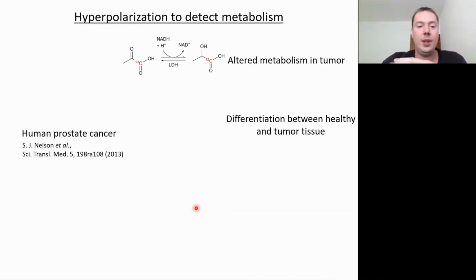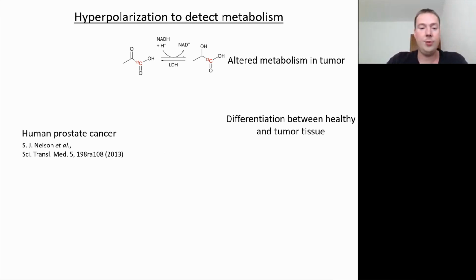And I think what got me pretty interested, by the year 2013, this was about when I finished my PhD, this interesting paper came up where people started polarizing pyruvate, and they showed that you can actually inject it in vivo into humans and differentiate between cancer and prostate cancer, about here, and show from the hyperpolarized metabolism from pyruvate into lactate, that the cancer metabolizes differently than the normal healthy tissue, where we only see this single peak of pyruvate over here.